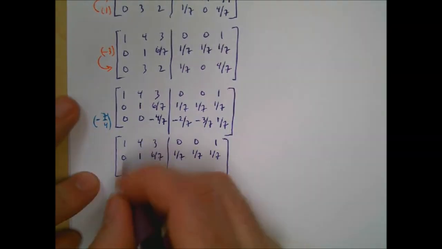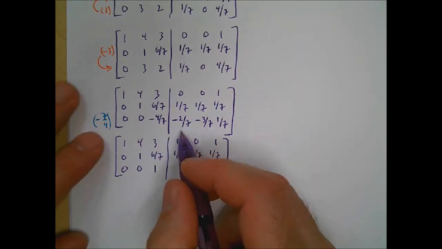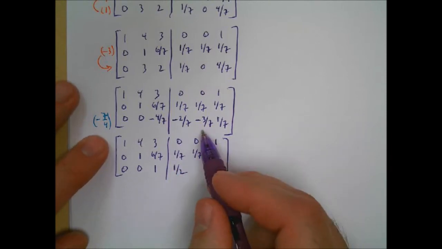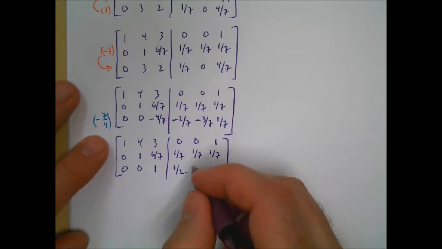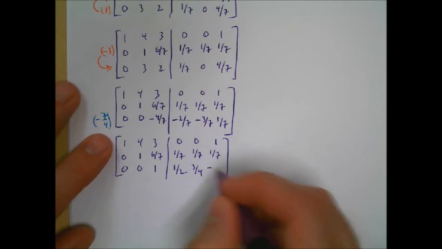Bottom row, 0, 0, 1, positive 2 fourths, which is 1 half. Positive 3 fourths. Negative 1 fourth.